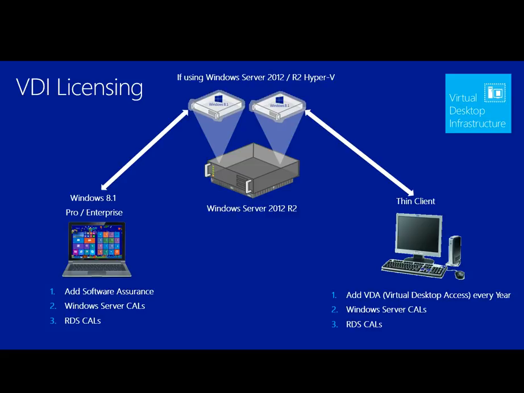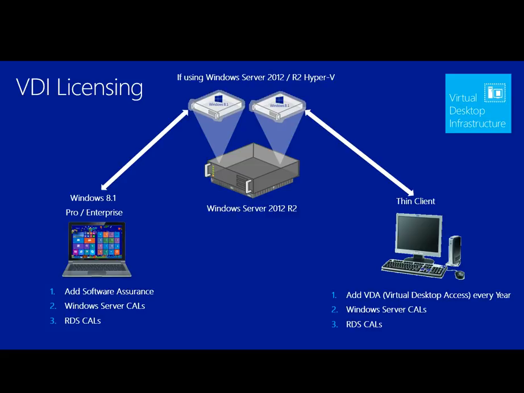Then you need to buy a Windows Server Client Access License because the clients are connecting to a physical server running Windows Server 2012. Plus, they will need to buy an RDS-CAL because they're going to connect through remote desktop connection. So that's the first scenario if you have a Windows client machine, or Windows 8.1 Pro and Enterprise Edition.